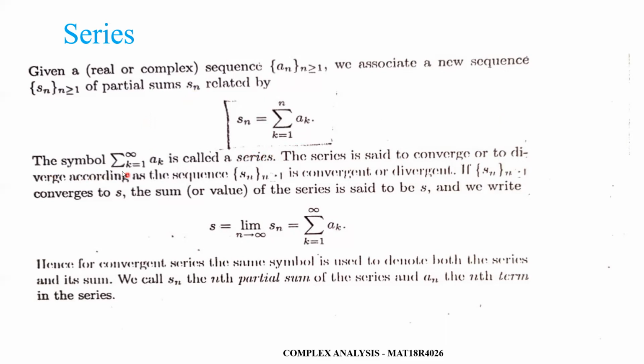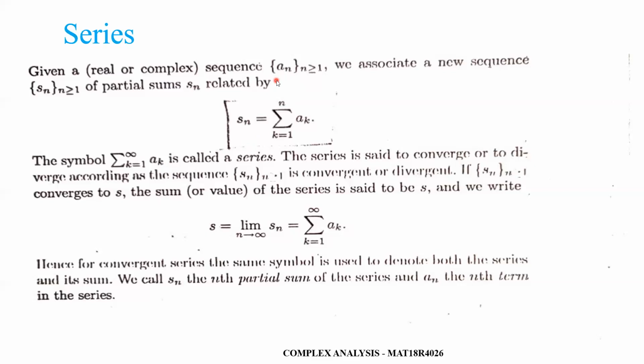The symbol summation k equal to 1 to infinity ak is called a series. So this is a series when we consider the sum of all the numbers that appear in the sequence.